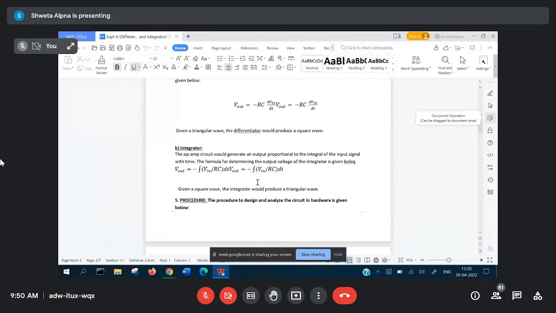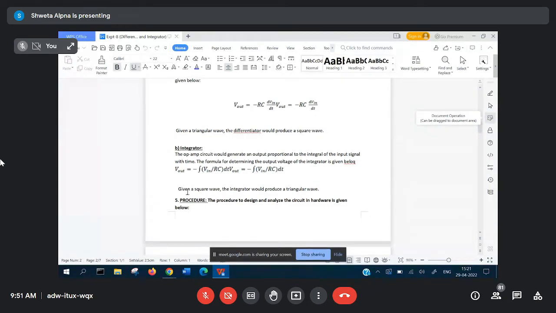That means 1 by RC integration V in dt. That is the output. V out becomes minus integration, that means minus 1 by RC because RC is a constant. So minus 1 by RC integration V in dt. That will become the output equation of the integrator, just like the differentiator.